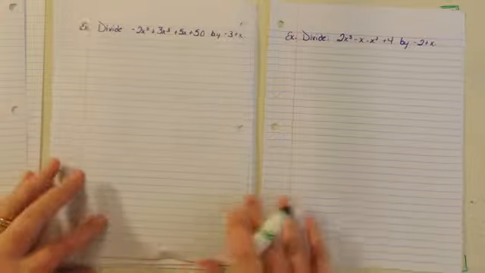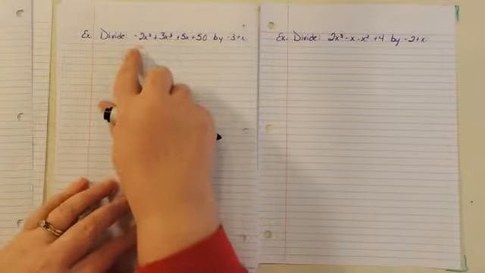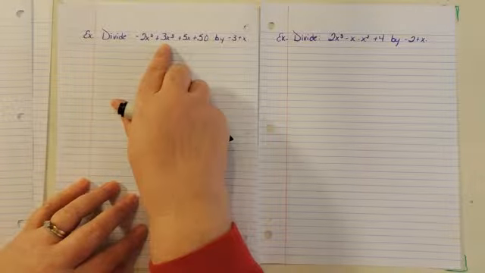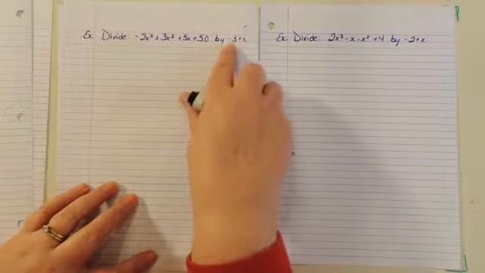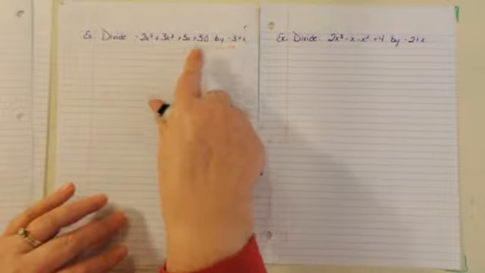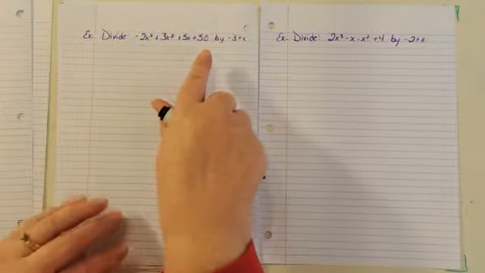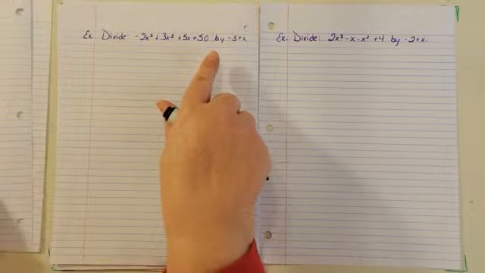Okay. Now we are going to divide negative 2x squared plus 3x cubed plus 5x plus 50 by negative 3 plus x. Let's start by rewriting both polynomials into descending order of variables.